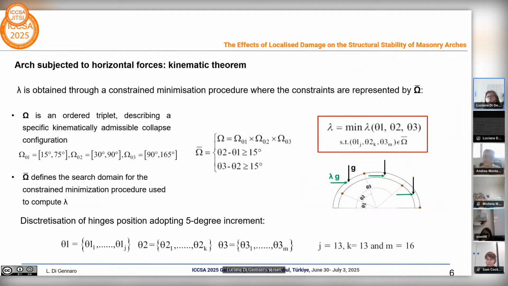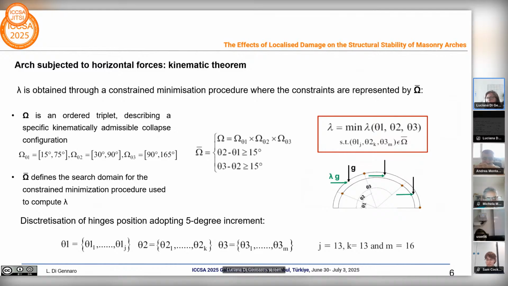For the specific loading condition, the different mechanisms are characterized by the variation of the theta angles within specific ranges established in literature. So theta 1 varies between 15 and 75 degrees, theta 2 between 30 and 90 degrees, and theta 3 between 90 and 165 degrees.